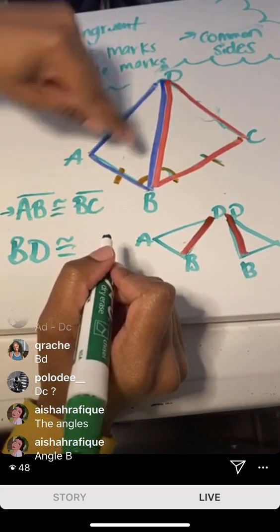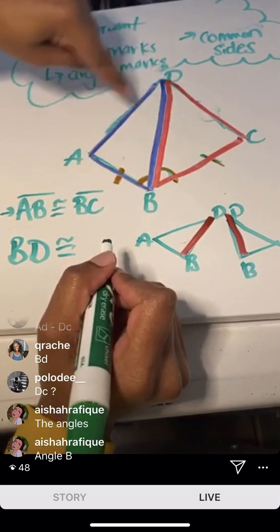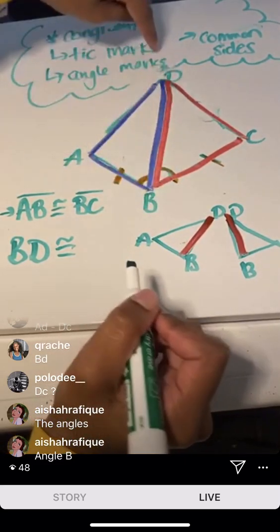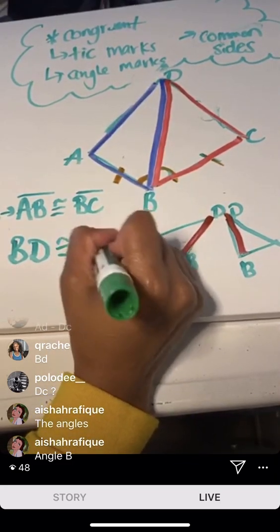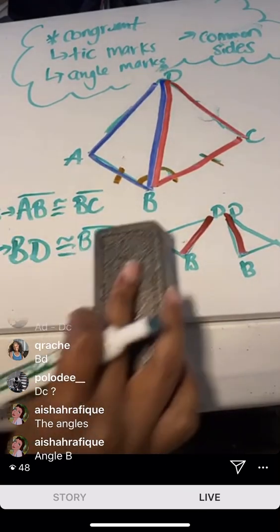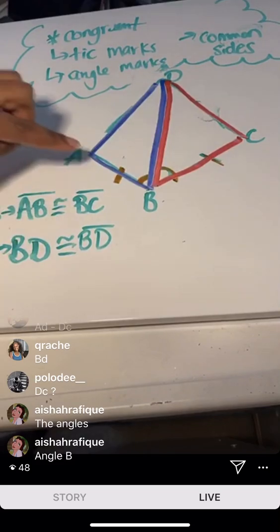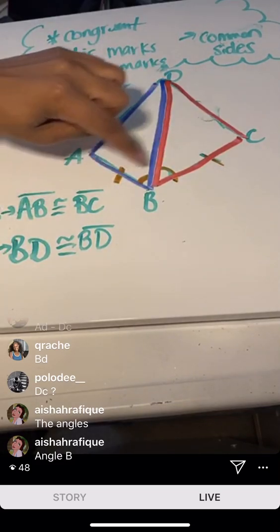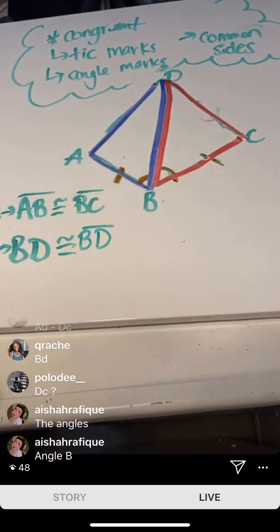Anytime the triangles connect, just remember, if they ever connect like this and they're together, whatever side is in the middle is going to be congruent to itself. So BD is congruent to BD. So that's another side. Okay? Now, we got two sides, so that takes care of these tick marks. That takes care of the middle. Now we need one more thing. I see that Aisha said the angles. Correct.